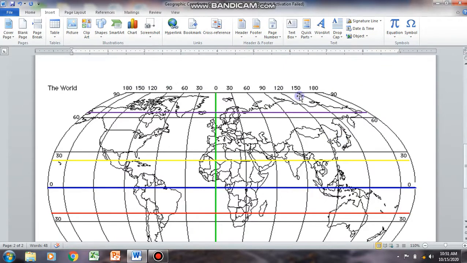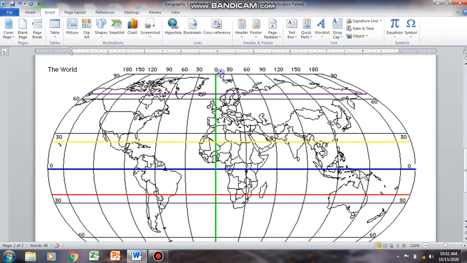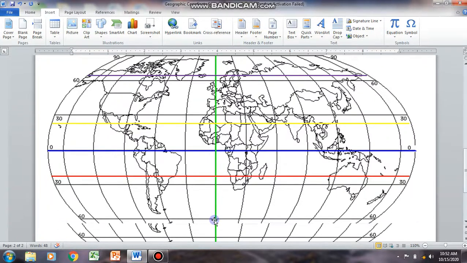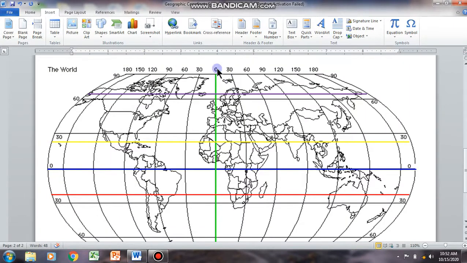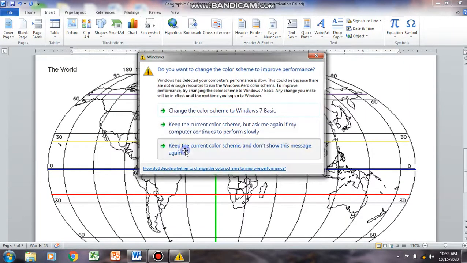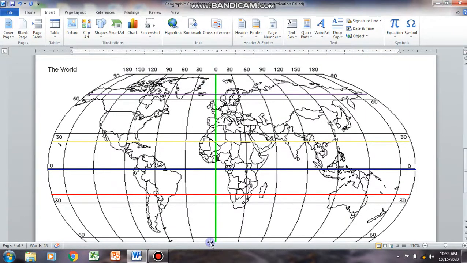Now, before doing this activity, let us first review this one. So, itong map na to is nasa unang video ko about imaginary lines. So, the first line here is yung green line. So, this indicates the prime meridian, which is located 0 degrees longitude.